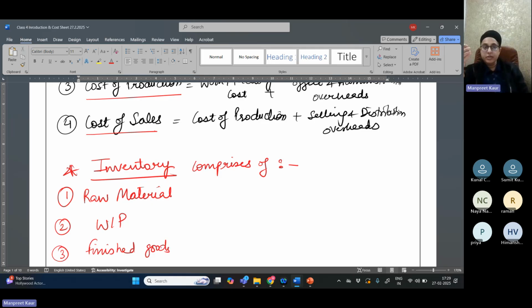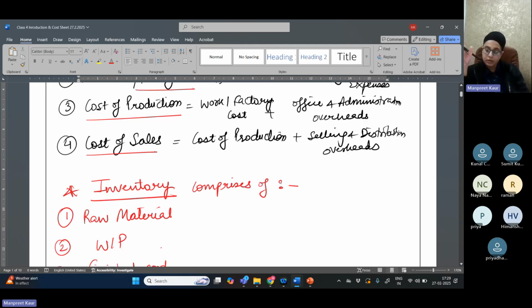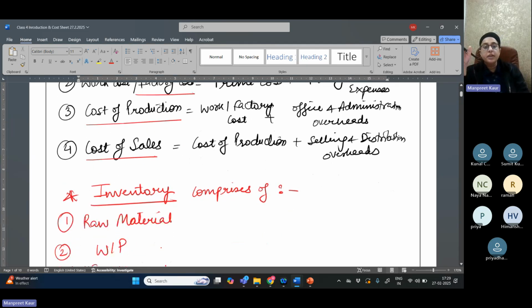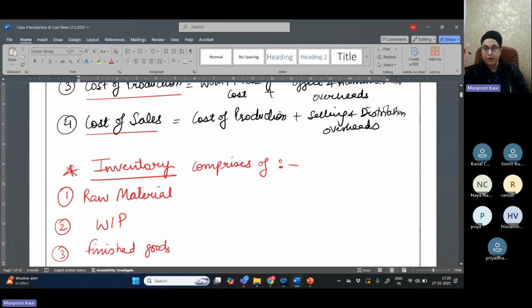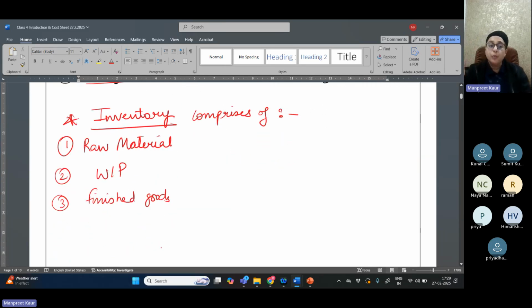We had discussed cost of production is factory cost plus office and admin expenses. Cost of sales is cost of production plus selling and distribution overhead. But inventory comprises of raw material, work in progress and finished goods.